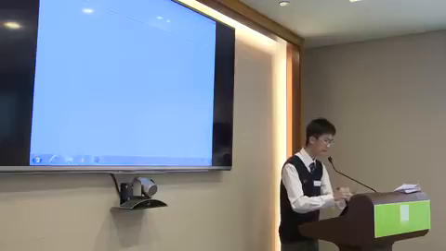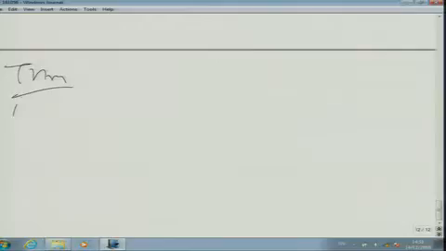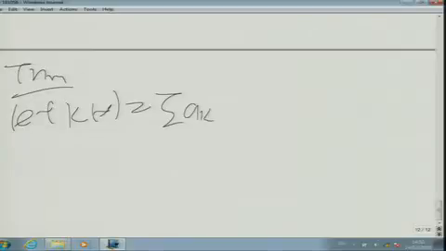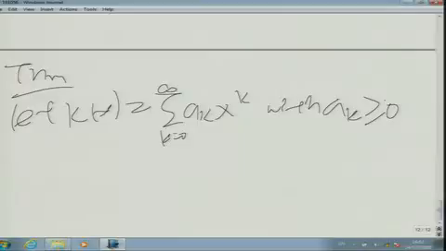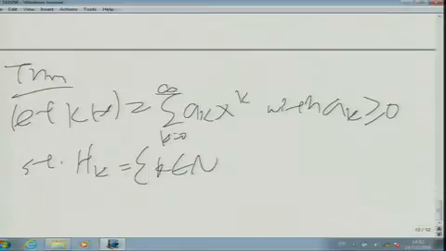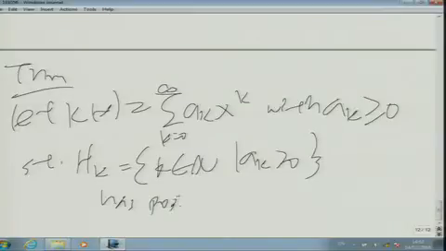And more precisely, the theorem is that we let K(x) be the summation of a_k x to the power k, k equal to 0 to infinity, which is a Taylor expansion, with a_k greater than or equal to 0, such that the set of k, where k is a positive integer and a_k greater than 0, has a positive upper density.